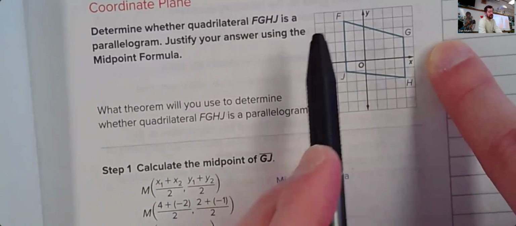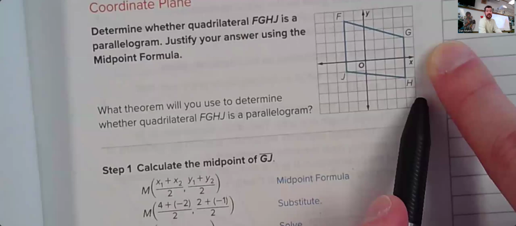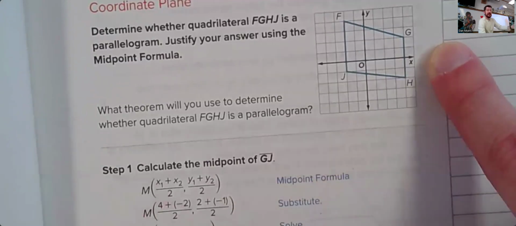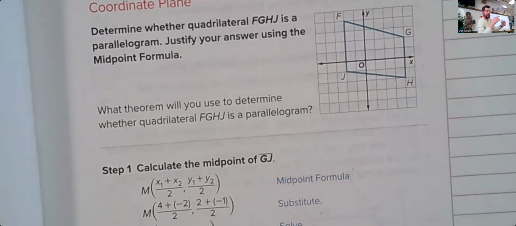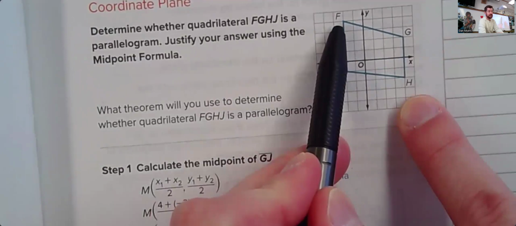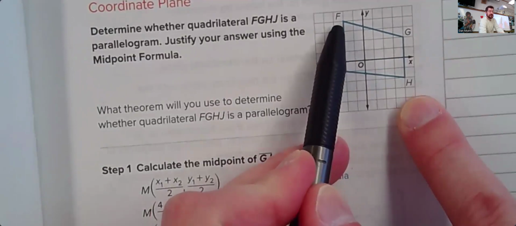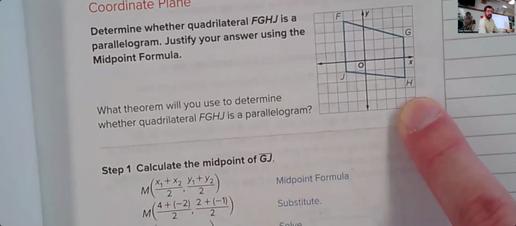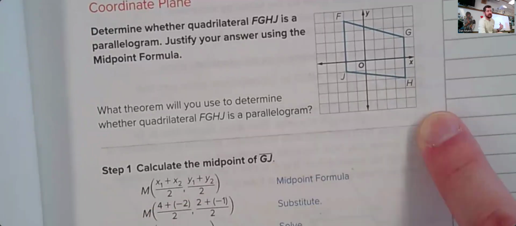And if you were to connect F and H, that would also be a diagonal. If each of the midpoints of those two things is in the same place, that means they would be bisecting each other. So if the midpoint of GJ is the same as the midpoint of FH, then they're bisecting each other, cutting each other in half, which is a perfectly valid way to figure that out. If they're not the same midpoint, then this is not a parallelogram, is what we're saying.